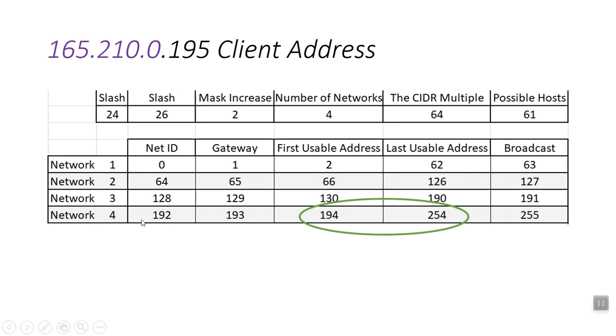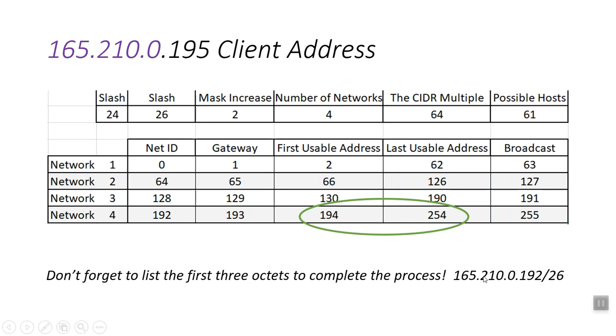Therefore, our network ID for a /26 CIDR application here is 165.210.0.192/26. That's our network ID. The gateway is 193 and the broadcast is 255.